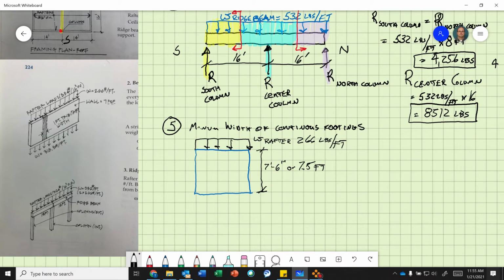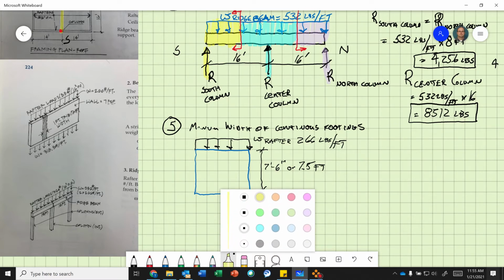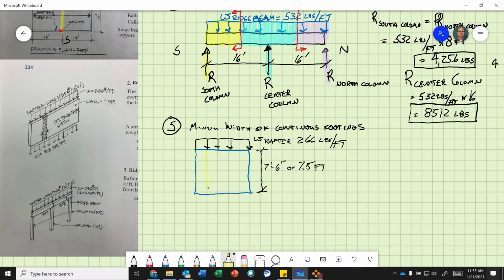So in your book on page 222, it says the walls, which probably include the insulation, the studs, and the drywall, weigh 7 pounds per square foot. Okay, so I'm going to make this yellow. I know the wall is 7 PSF.